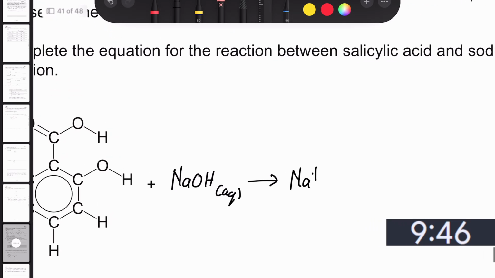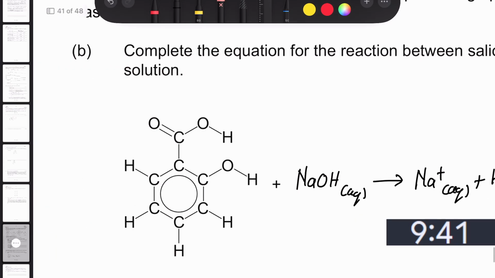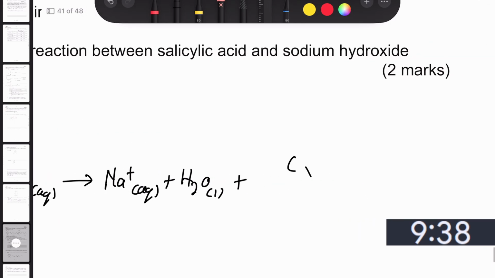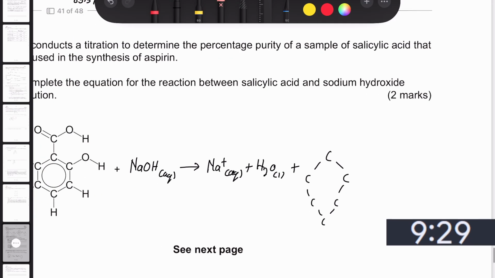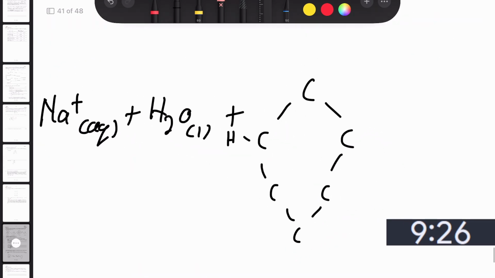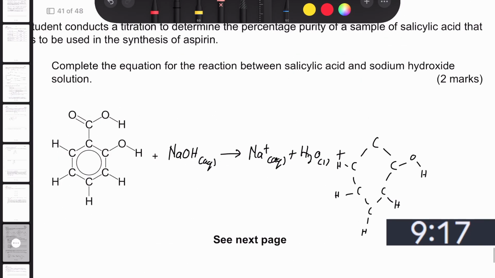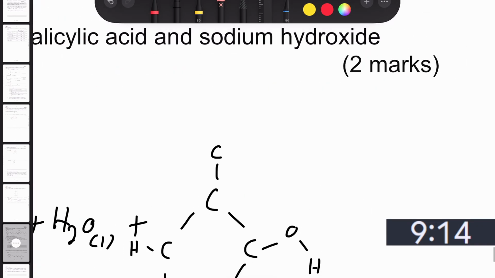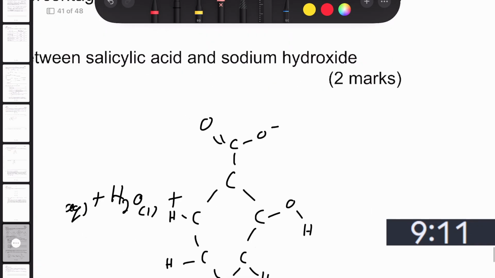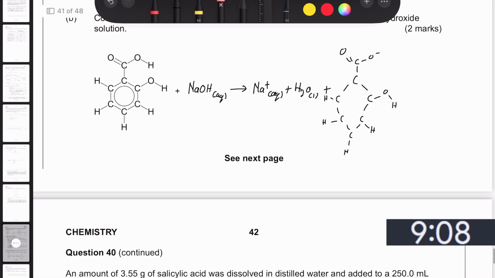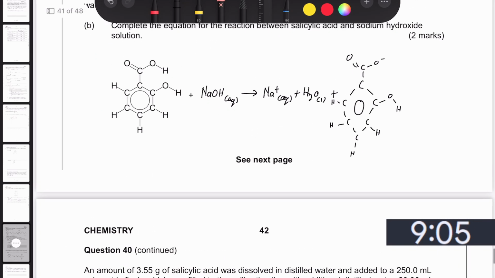So we're going to have Na plus aqueous plus H2O liquid plus our benzene ring, C, C, C, C, C, C. That is a terrible ring, but I'm running out of time, so I can't be complaining right now. H, H, OH, and then C double bond up there, O negative. Oh, and then just a circle inside here.